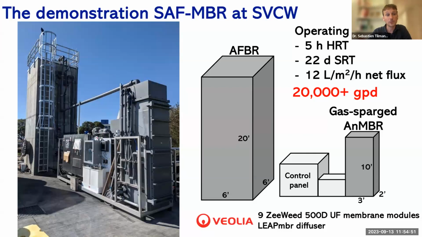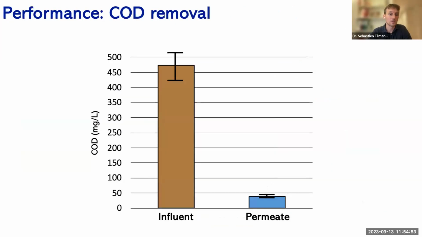Now, looking at the performance of the system, the influent of the reactor is a little bit over 450 milligrams per liter in general. And our effluent, our permeate, is less than 50 milligrams per liter consistently. So that's a 92% COD removal.